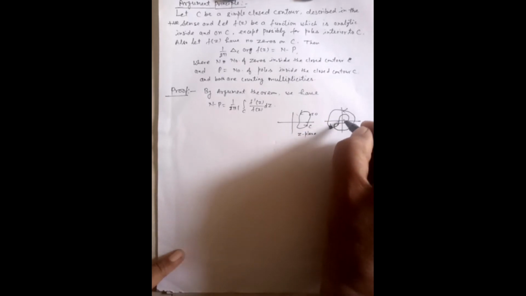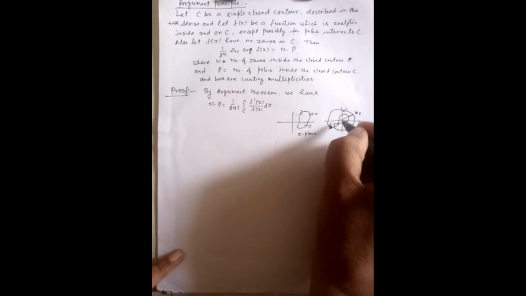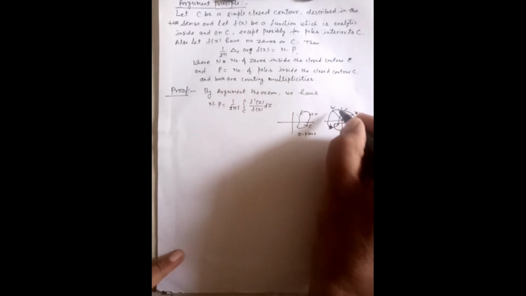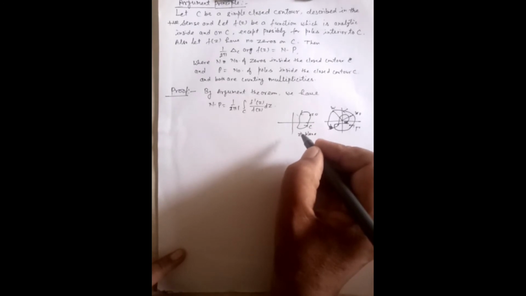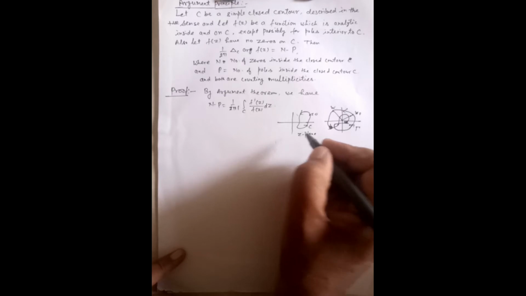This is gamma. Let this point be w naught and this point be w, starting from these points. Since f(z) has no zeros on C, the contour gamma does not pass through the origin in the w plane.